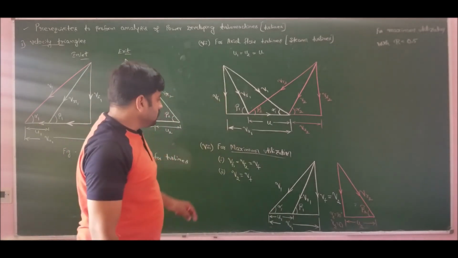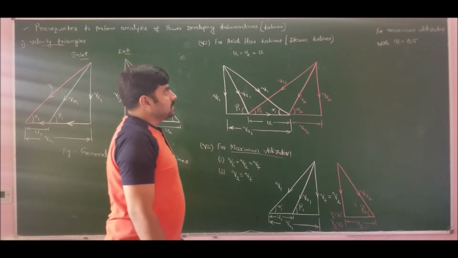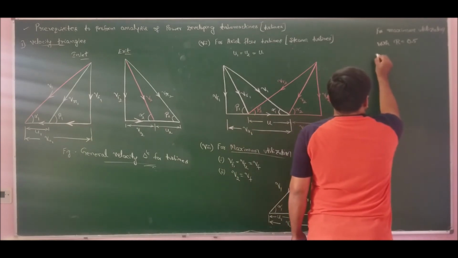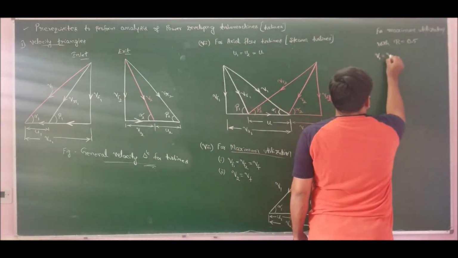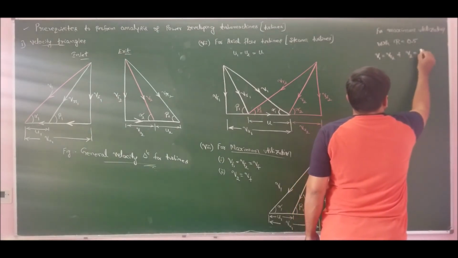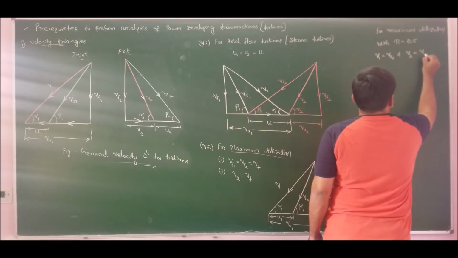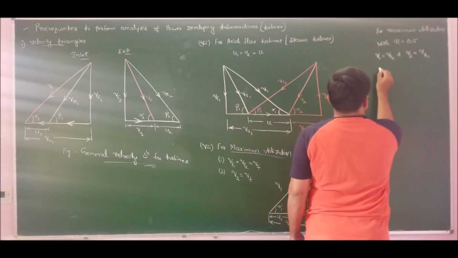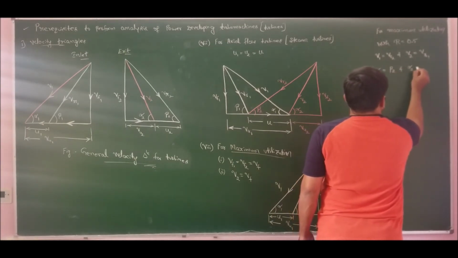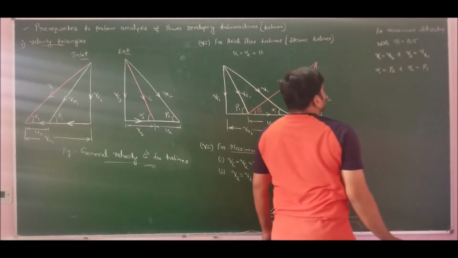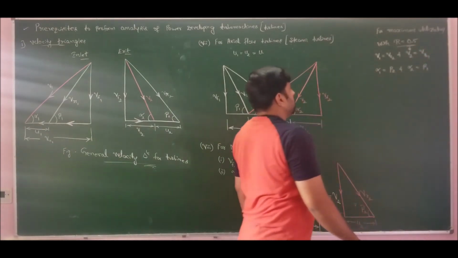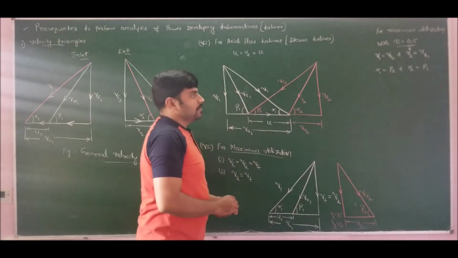For R equal to 0.5, the conditions are V1 should be equal to VR2 and V2 should be equal to VR1. Similarly, angle alpha 1 should be equal to beta 2 and alpha 2 should be equal to beta 1. This is the condition for R equal to 50%, 0.5, which I explained in our previous lecture.